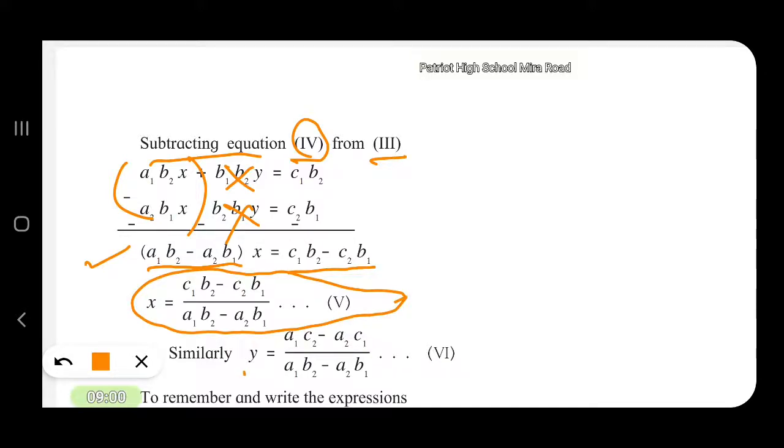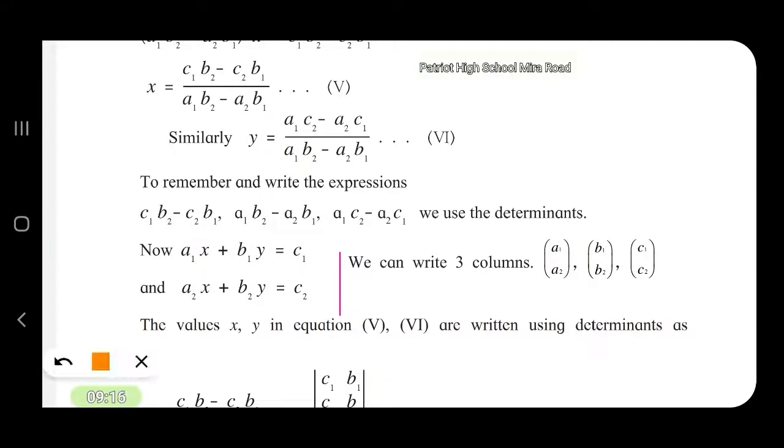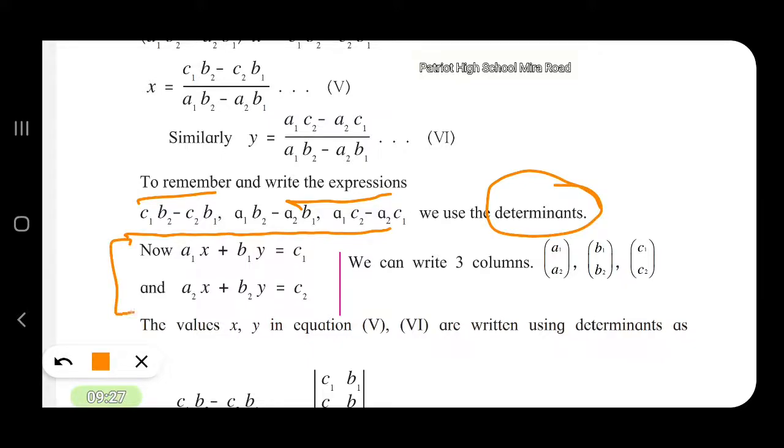Similarly, we can get the value of y by solving in a similar way, and these are the results. The fifth and the sixth are the values of x and y. To remember and write these expressions, we can use determinants. So now these are the two equations, a1x plus b1y is equal to c1 and a2x plus b2y is equal to c2.